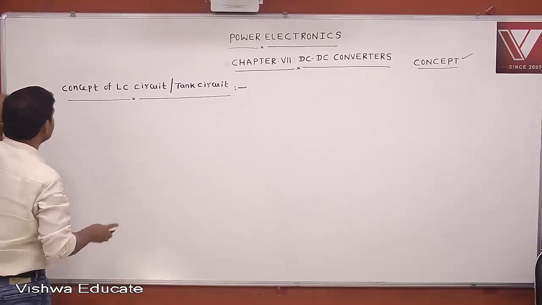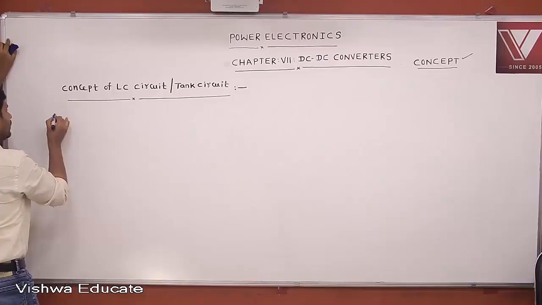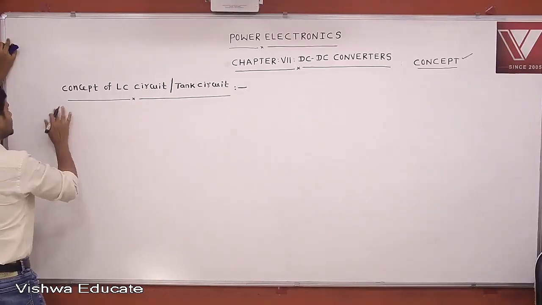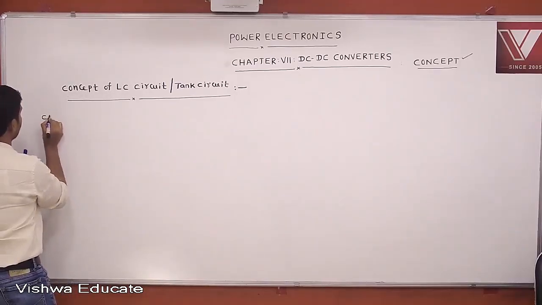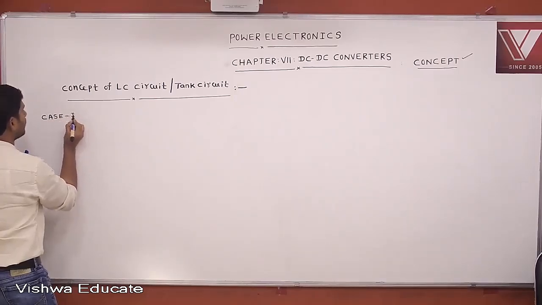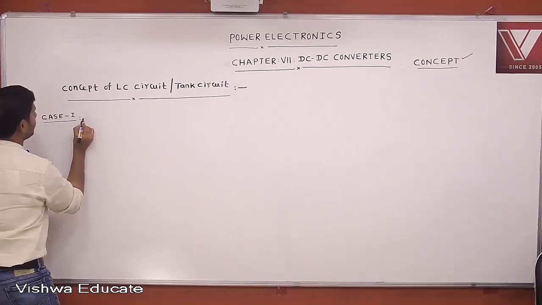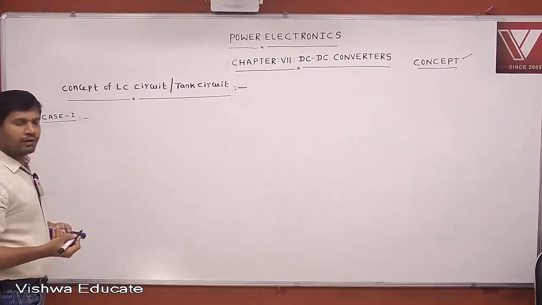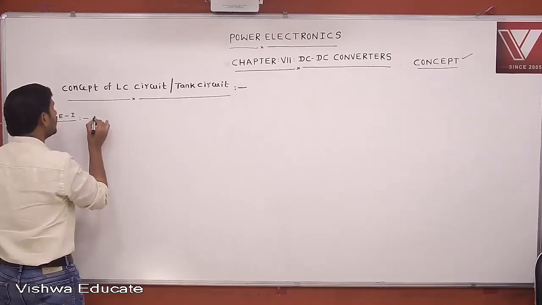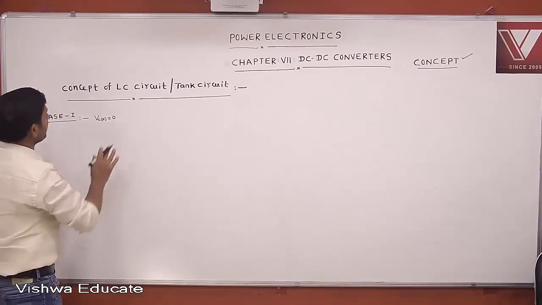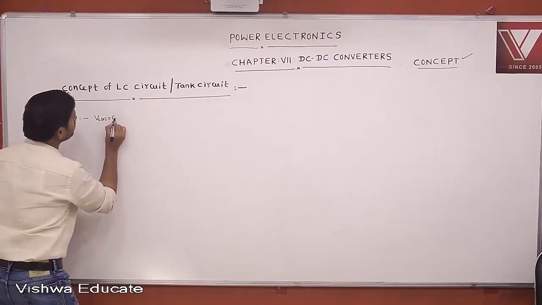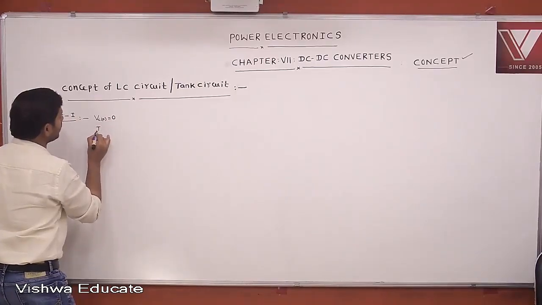Write down case 1. In this case 1, I am assuming that the initial voltage across the capacitor is 0 and the initial current through the inductor is also 0.